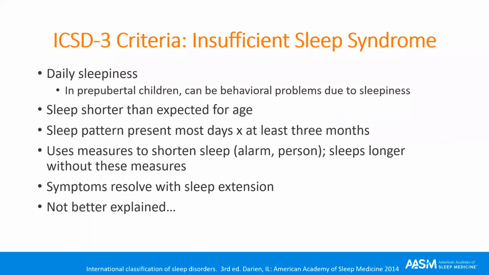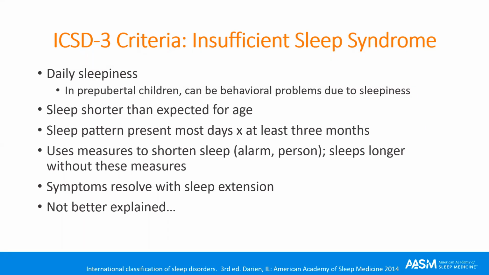So insufficient sleep syndrome is the one central disorder of hypersomnolence that is arguably not really a central disorder of hypersomnolence, meaning that we think the others are central in the sense that they are probably a central nervous system problem. Insufficient sleep syndrome is behaviorally induced lack of sleep resulting in sleepiness.